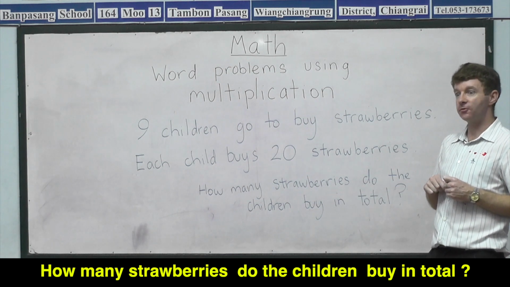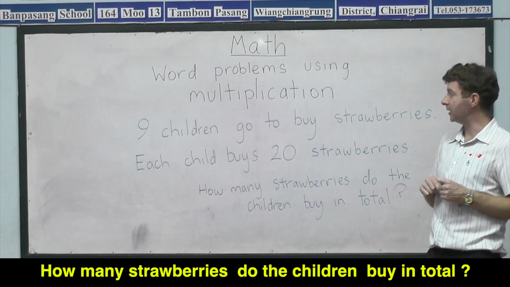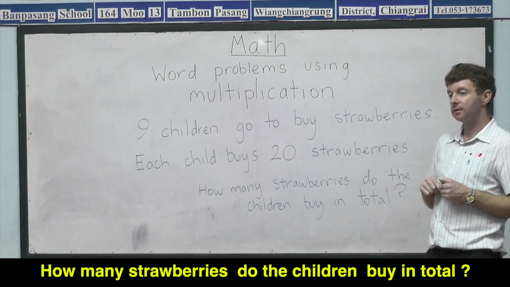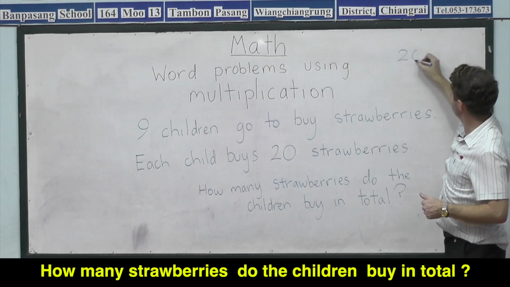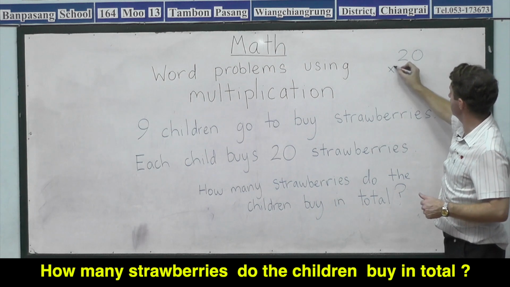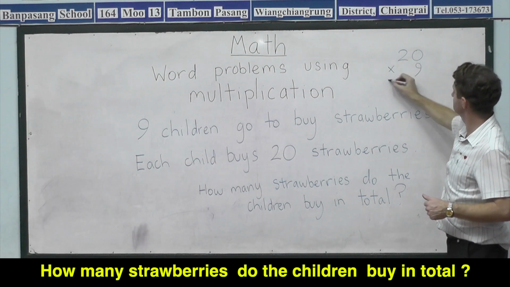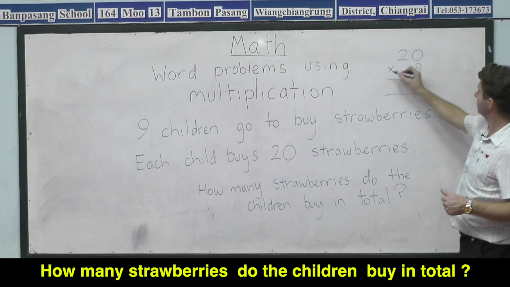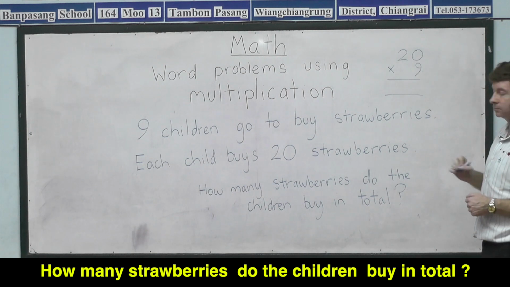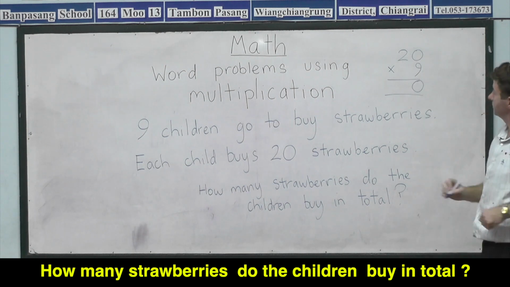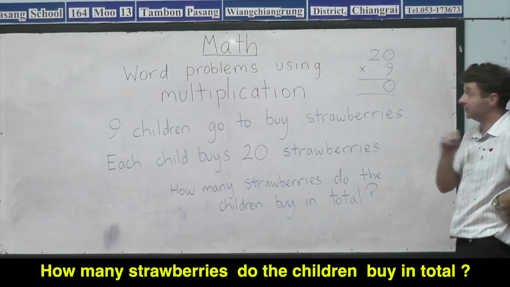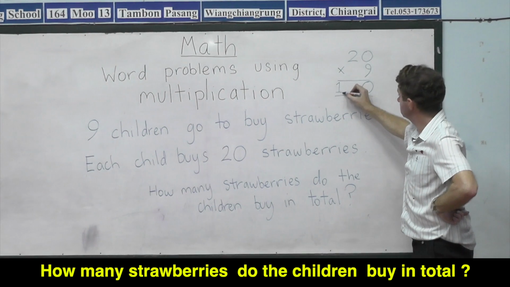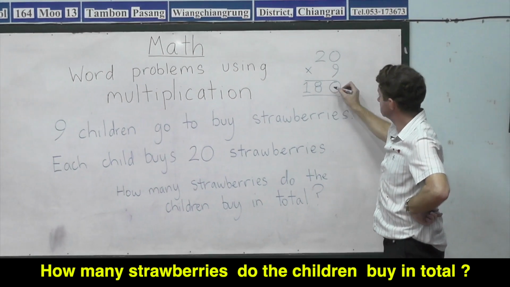So what do we need to do? Multiply. What do we multiply? 20 times 9. Perfect. 20 times 9. 9 times 0 equals 0. 9 times 2? 18. 1, 8, 0.